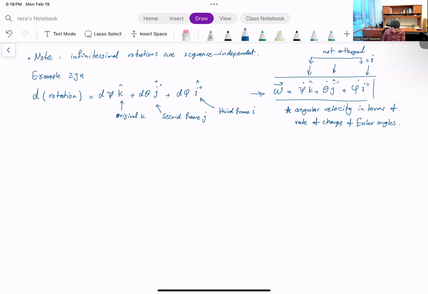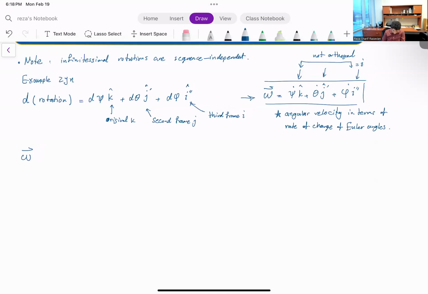So what I really want, not W, this is omega, what I really want is often this vector omega, the same angular velocity, written as omega x about I plus omega y about j plus omega z about k.